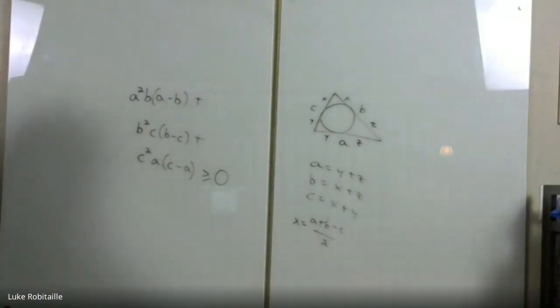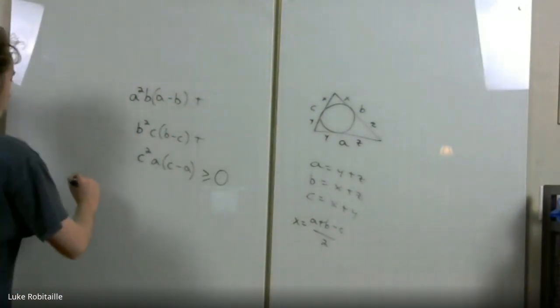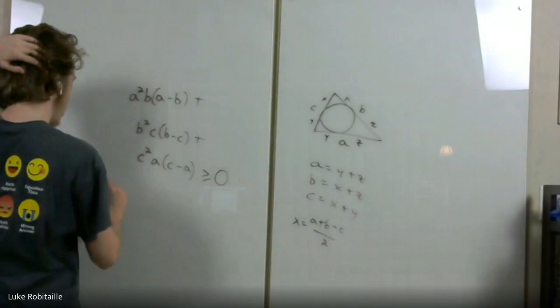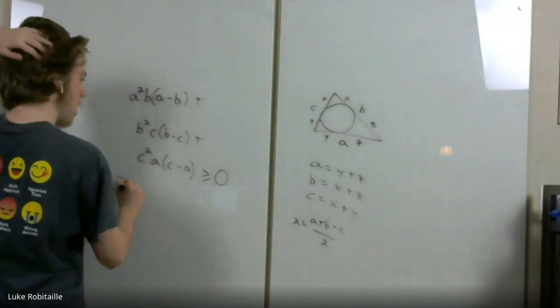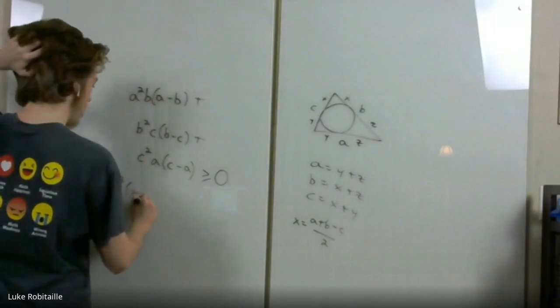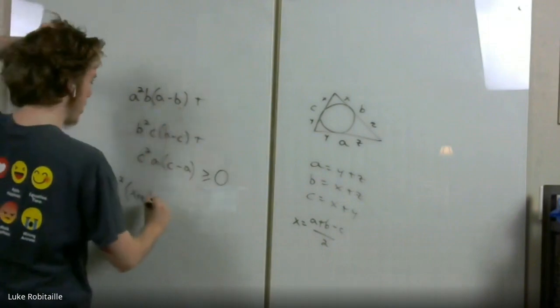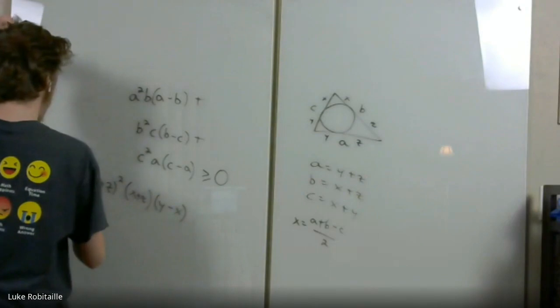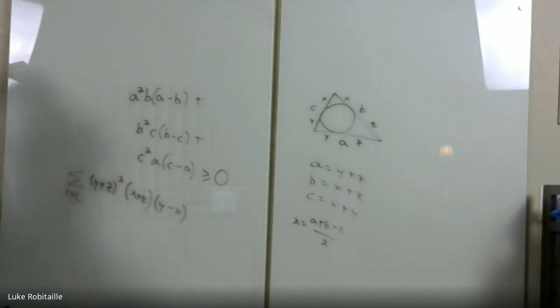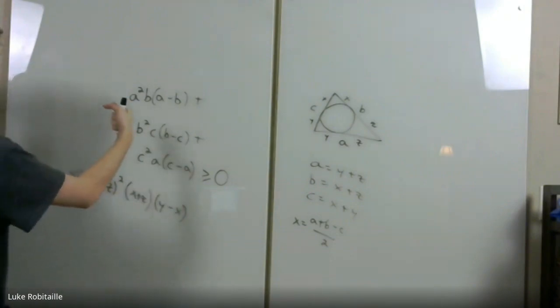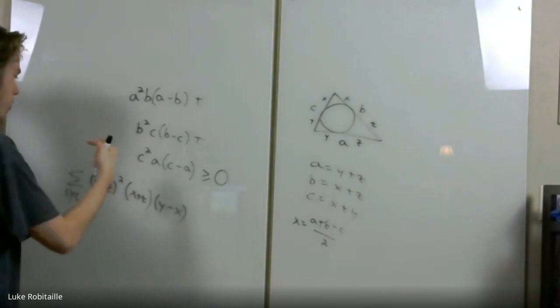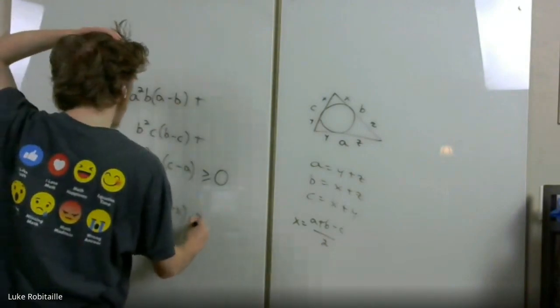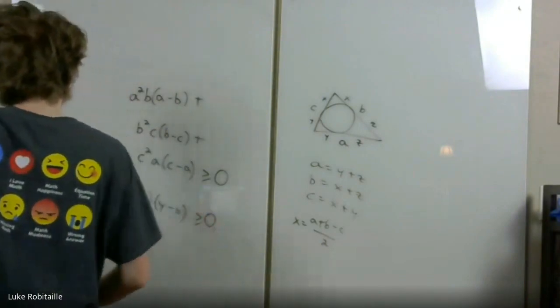Then if we plug in, what do we get? We get (y plus z) squared times (x plus z) times (a minus b, being y minus x), and then a cyclic sum of this. Cyclic sum denotes that we cyclically permute to get the other terms: replace the y's with z's, the z's with x's, the x's with y's. And we want this to be greater than 0.